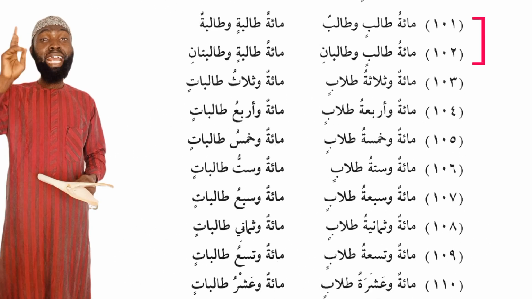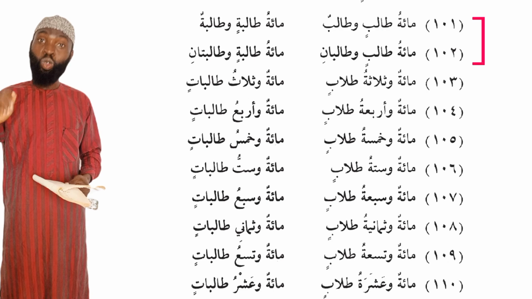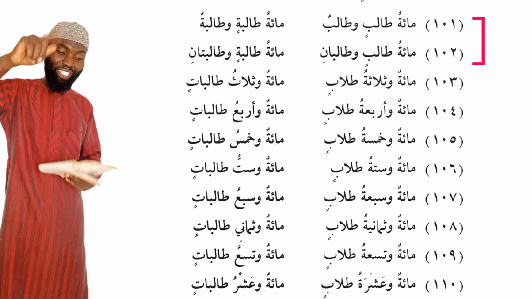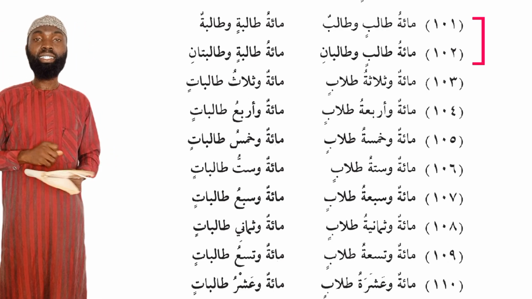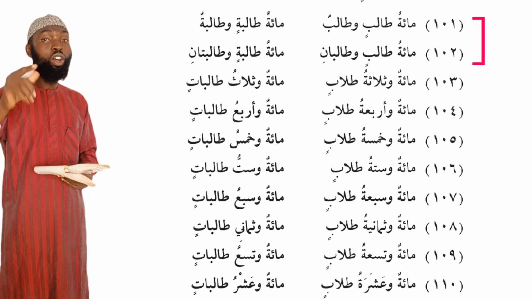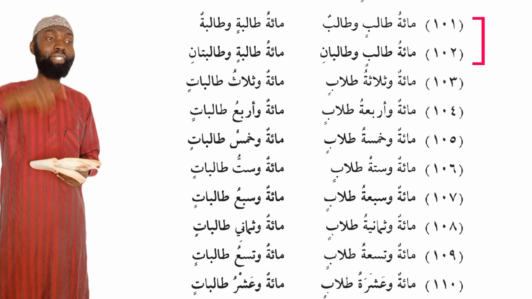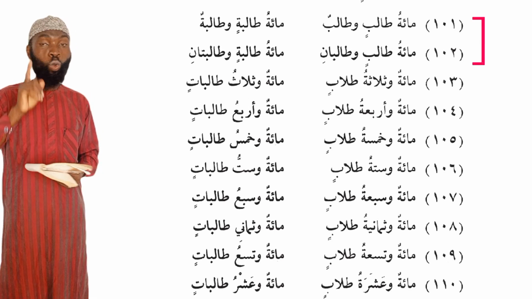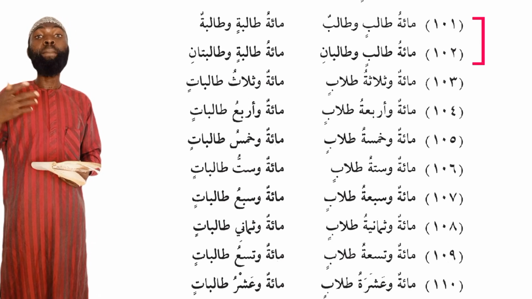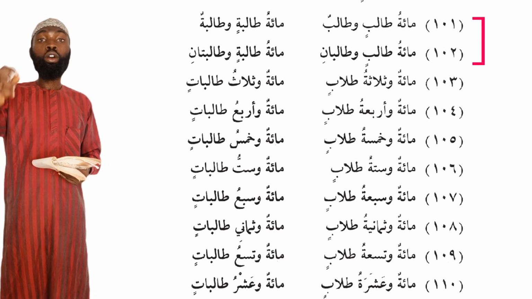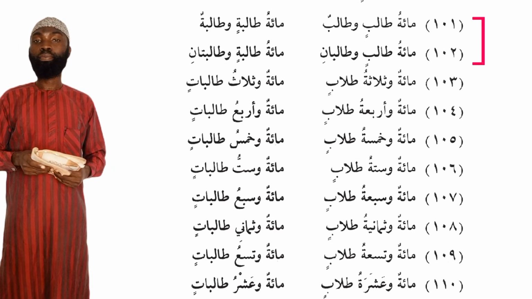What if you have 101? This is easy. Mi'atu talibin, 100 students, wa taliban, and a student. Or talibun, and a student. Mi'atu talibatin, 100 female students, wa talibatun, and a student, meaning 101. Because talibun means 1. You can still add and say mi'atu talibin wa talibun wahidun if you choose.